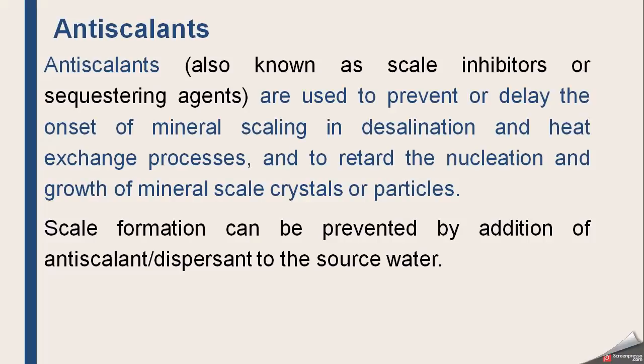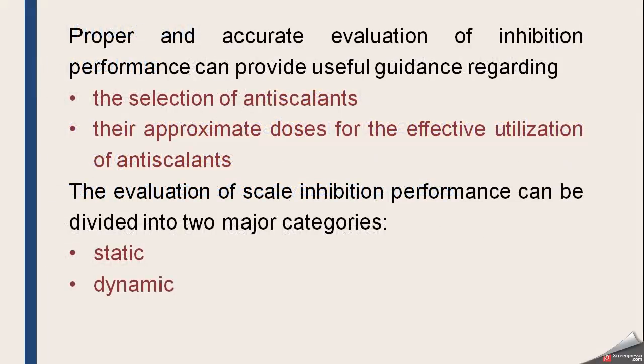As we already described in our first video, with the help of different mechanisms, these antiscalants prevent scale forming compounds from settling on the surfaces. Now, after knowing the different mechanisms, we will focus on proper and accurate evaluation of inhibition performance, which can provide useful guidance regarding how to select the best antiscalant and their approximate doses.